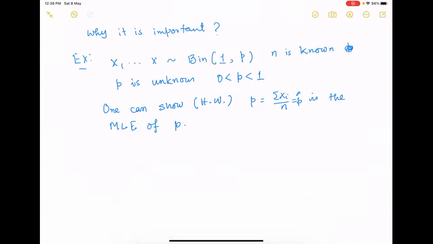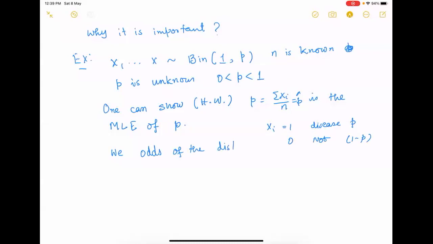Okay. Now the question is, suppose xi indicates whether a certain disease is present or not. So xi equal to 1 if disease, 0 if not. It happens with probability p and does not happen with probability 1 minus p. But the doctors are interested in the odds of the disease.